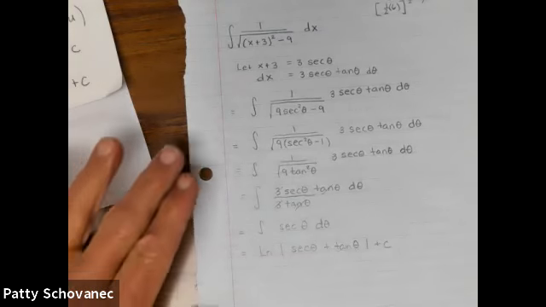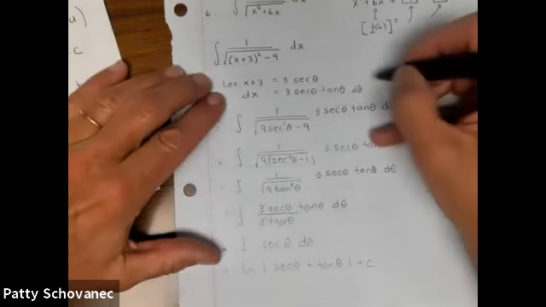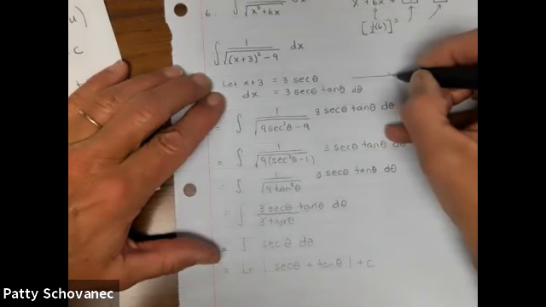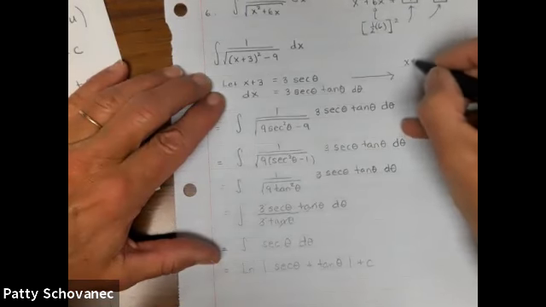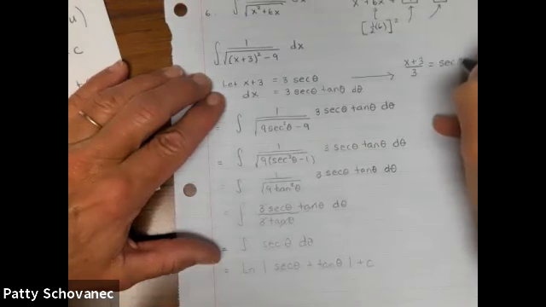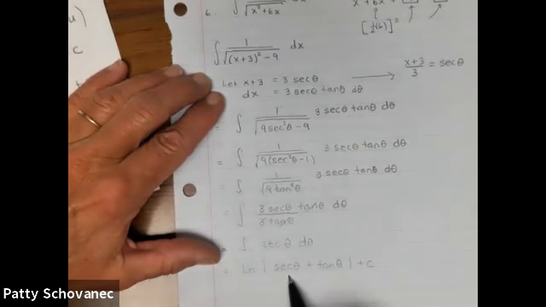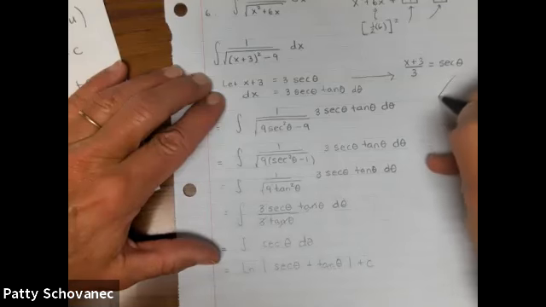Now let's get this back in terms of x. So let's go back to the beginning, right here, and write that as a ratio. x plus 3 divided by 3 is equal to the secant of theta. Right here, x plus 3 divided by 3. To get this one, draw the right triangle.